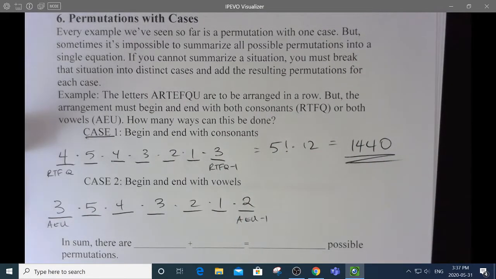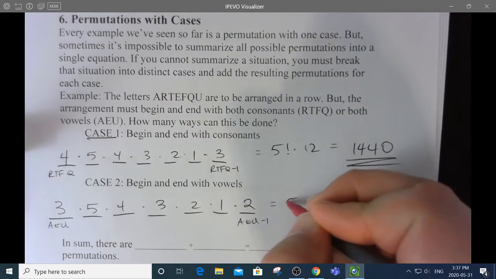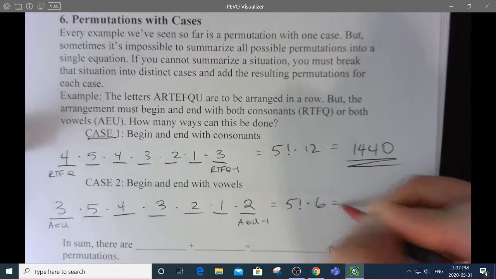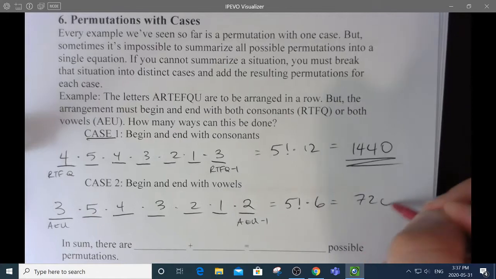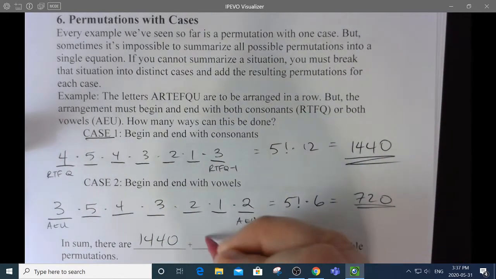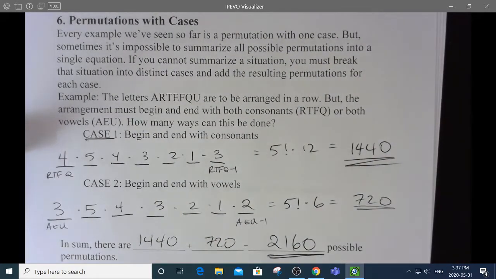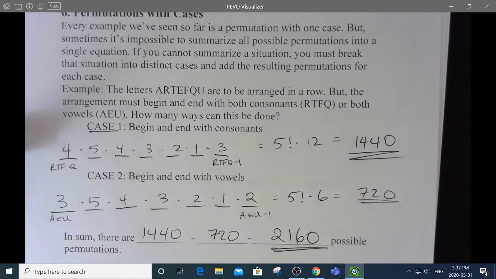Notice that is a different calculation. It's not 5 factorial times 12. It's 5 factorial times 6. So it's actually 720. So in sum, there is 1440 plus 720, or 2,160 possible ways to arrange these letters.